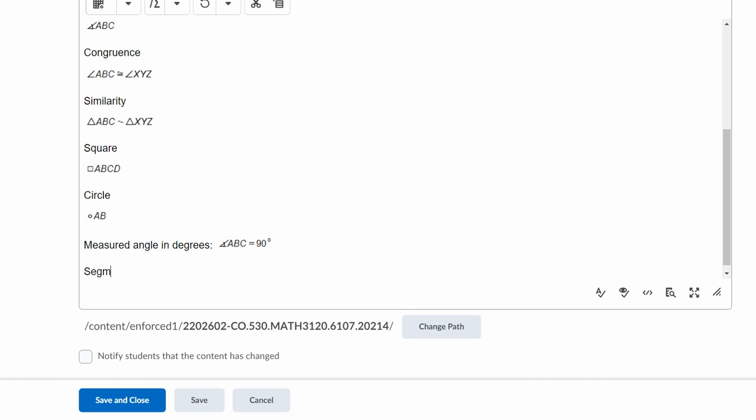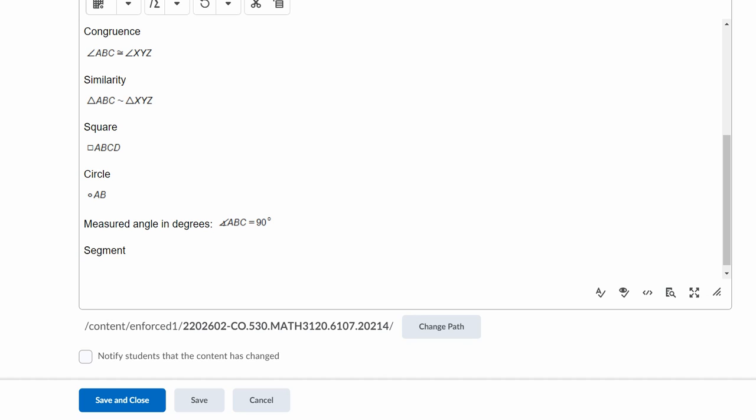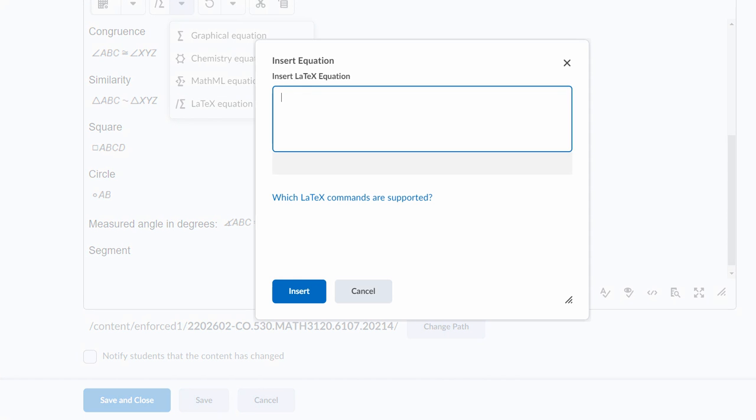Line segments are pretty easy. The segment AB is going to be overline, and if you don't put the curly brackets, do you see how the overline is only over the A in the preview?